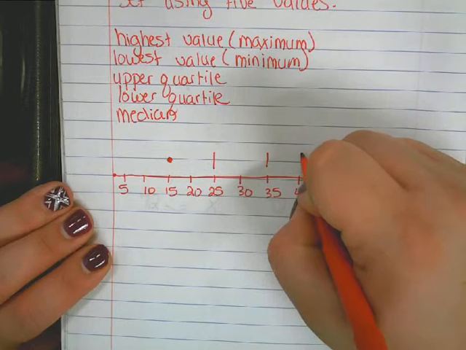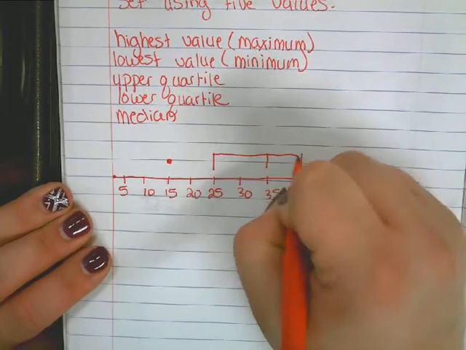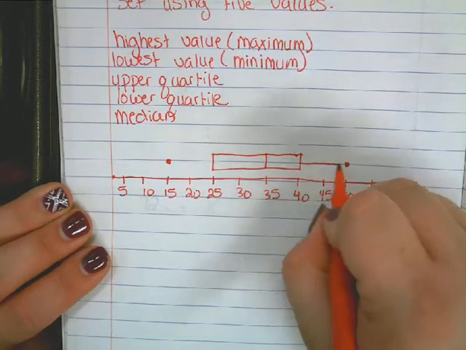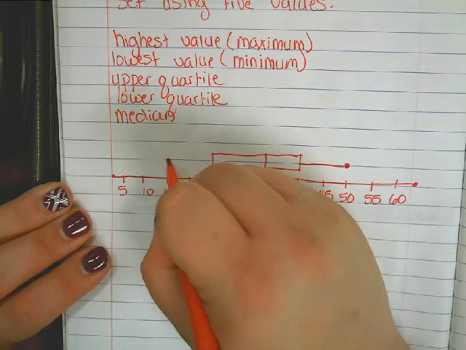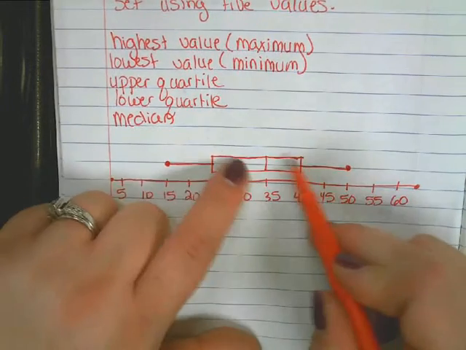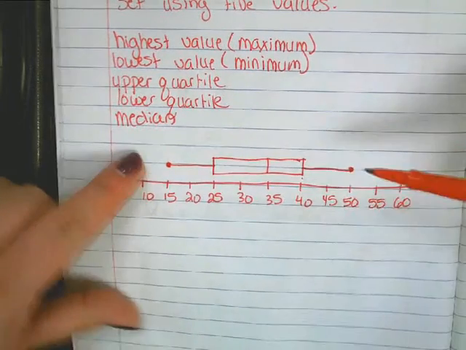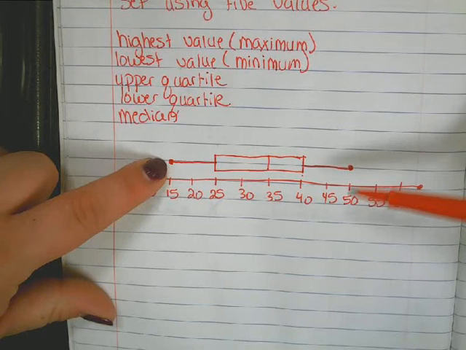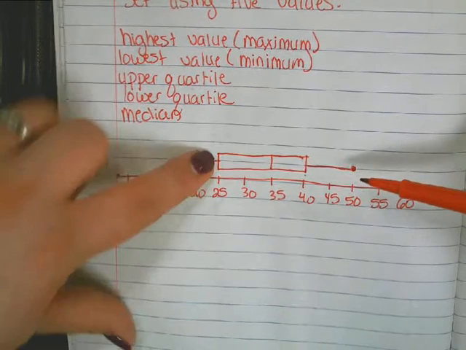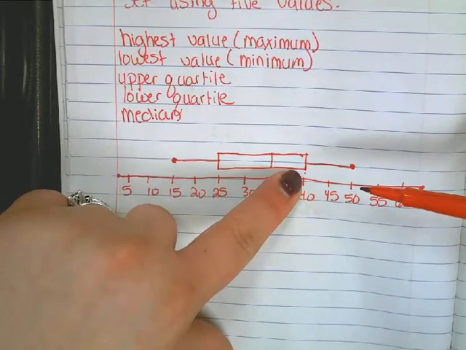You're going to connect those 3 lines into a box. You're then going to take your dots and connect them to the end of your box. So here's my box, here's my whiskers. Again, my whiskers start at 15 and end at 50. I should have a line at 25, 35, and 40, connected together to form my box.